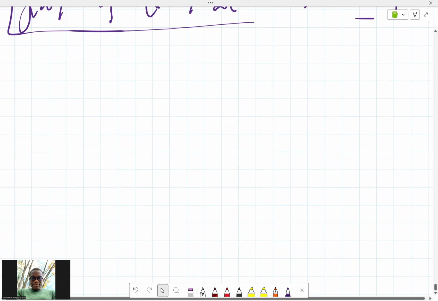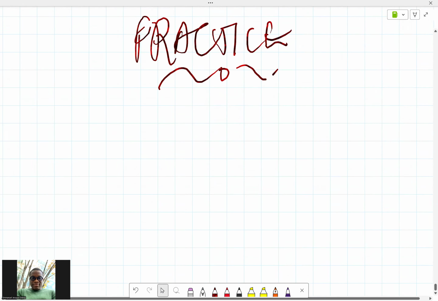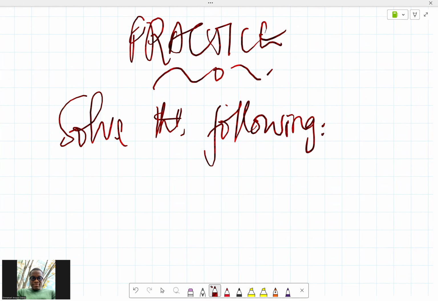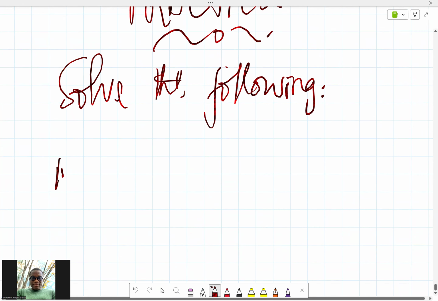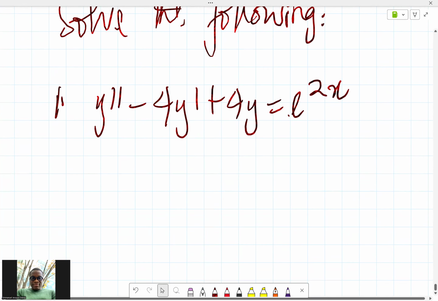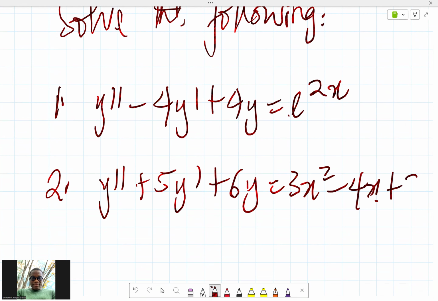Just solve the following. 1: y prime prime minus 4y prime plus 4y equals e raised to 2x. 2: y prime prime plus 5y prime plus 6y equals 3x squared minus 4x plus 2.